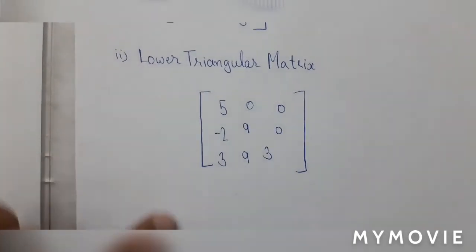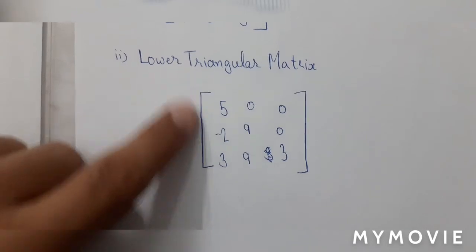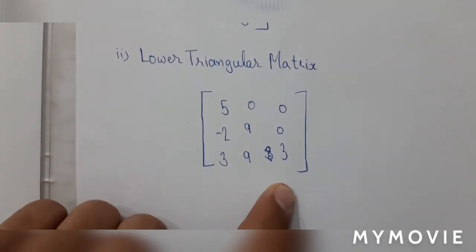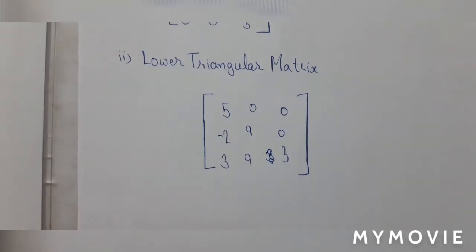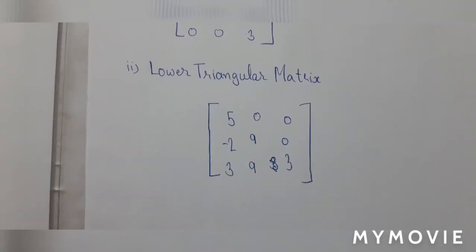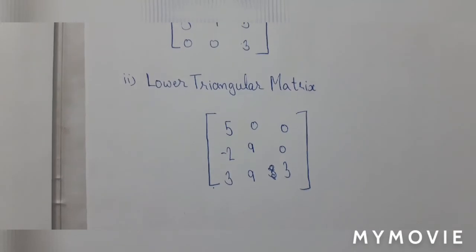So the elements above the diagonal should be 0 and the elements below the diagonal can be any number. So this is the lower triangular matrix.